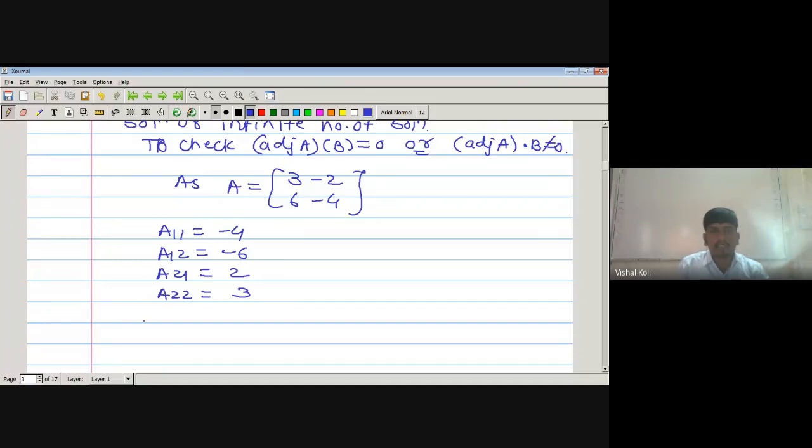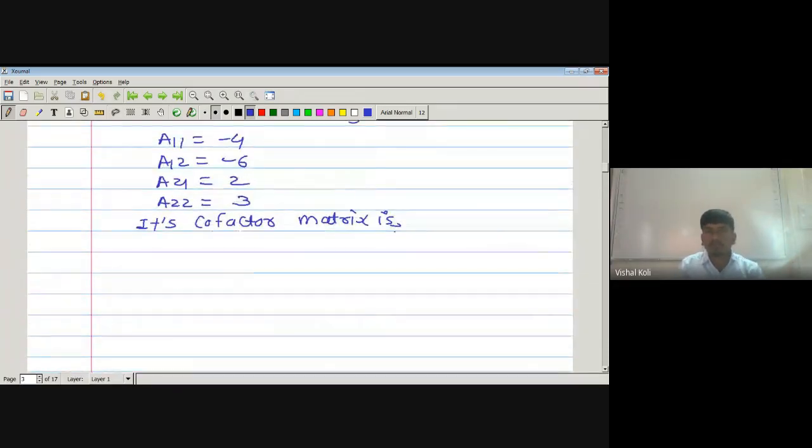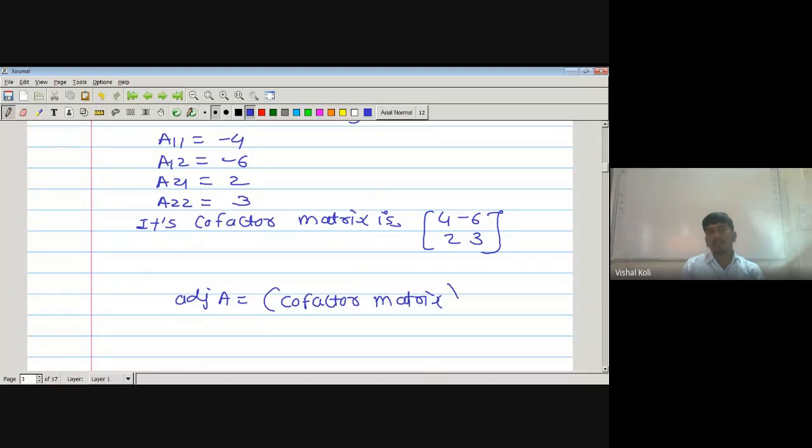So its cofactor matrix is given by 4 minus 6 2 3. So the adjoint of the matrix is nothing but the transpose of this cofactor matrix, which is 4 minus 6 2 3 transposed, that is minus 4 2 minus 6 3. Okay, so here we get the adjoint of the matrix.